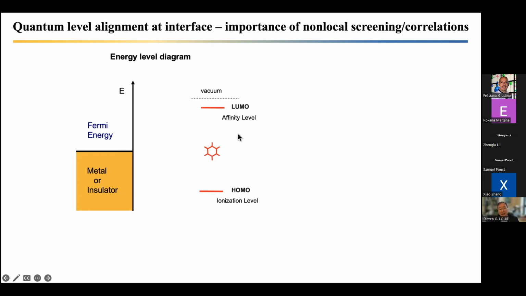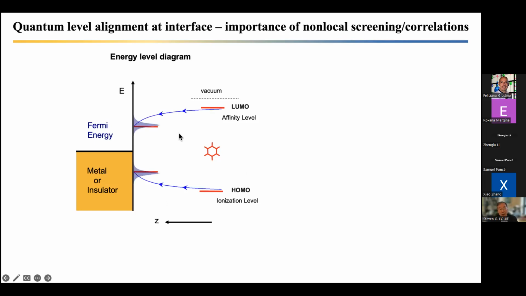How would the molecular levels modify because of the presence of the interface? And these are very important because the molecular levels will come into a lot of phenomena that are of importance. For example, transport through such an interface or optical absorption at an interface.